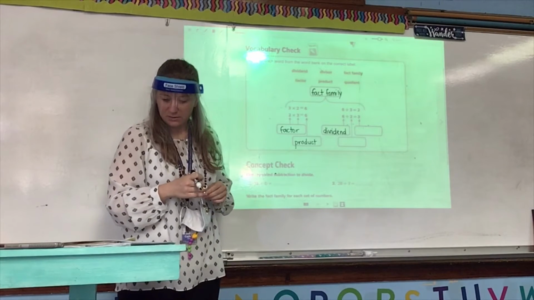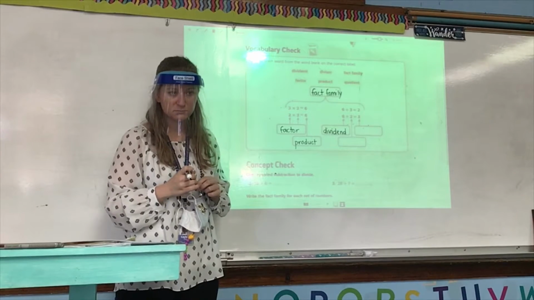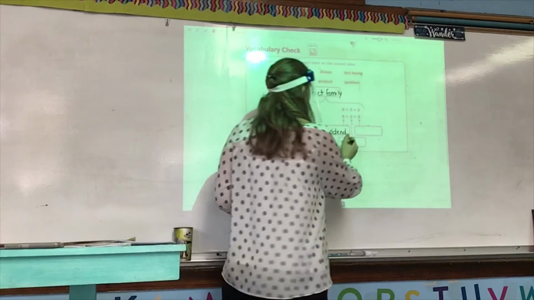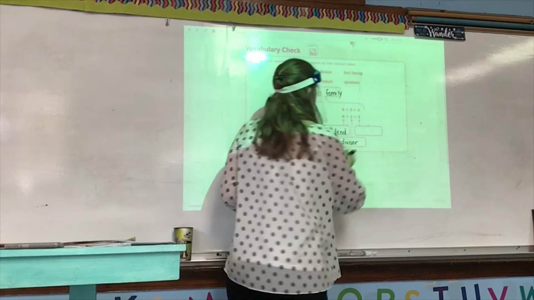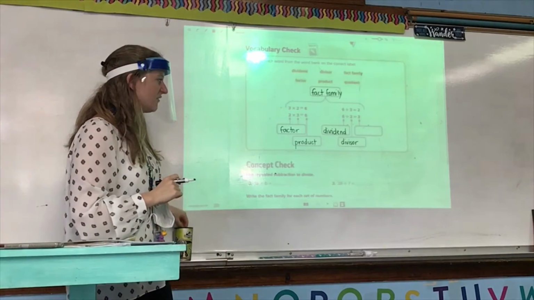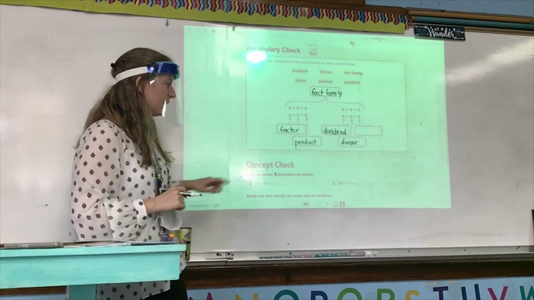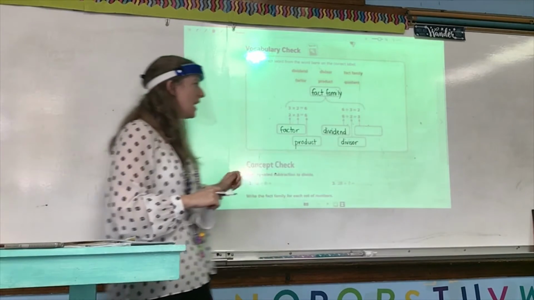The second number of a division problem is called the divisor. Not divider, but divisor. There's an S in the middle of that word, not a D. The number that you are dividing by, the second number, is the divisor.